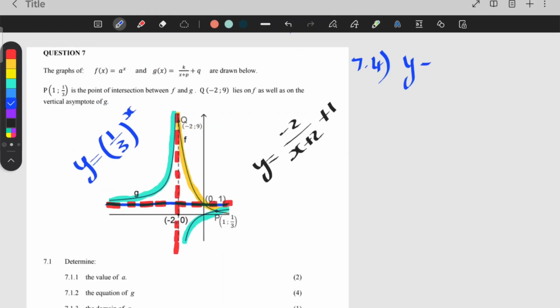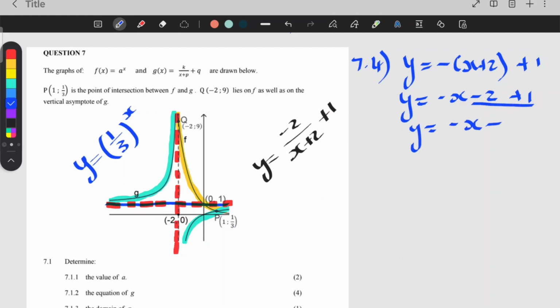You say y is equal to, because it's the negative axis of symmetry, you say minus, and then you take that whole thing and you just put it here, and you say plus 1. Okay, so remove the brackets. This is negative x, negative 2 plus 1. y is equal to negative x, like terms, minus 1.